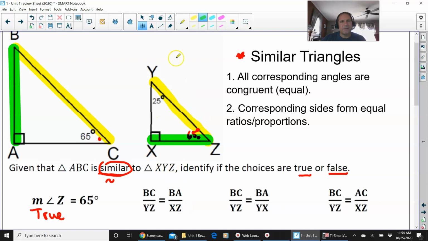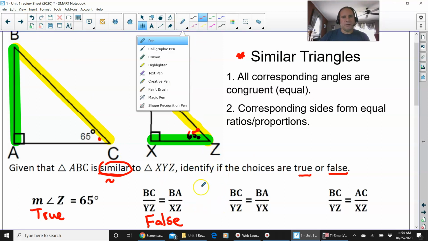Does that match up? No, that doesn't match up. You see exactly that they didn't match up on that second fraction. BA was supposed to be YX, and it wasn't. It was XZ. So that is false.